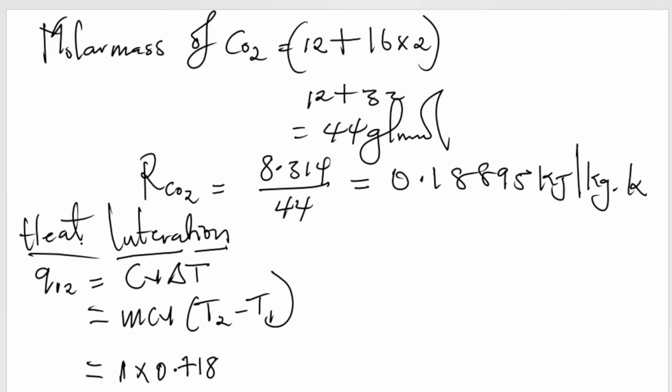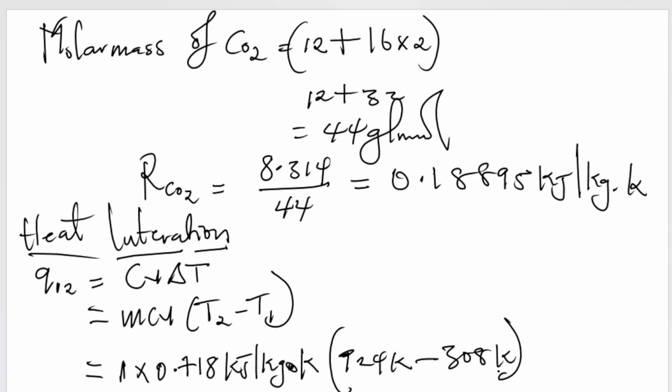And the unit is kilojoules per kilogram Kelvin, multiplied by T2, which is 924 Kelvin, minus 308 Kelvin. So you punch your calculator and you get the value for your Q12.